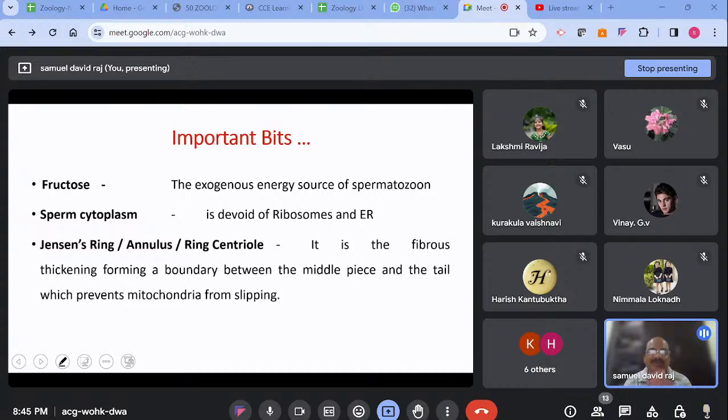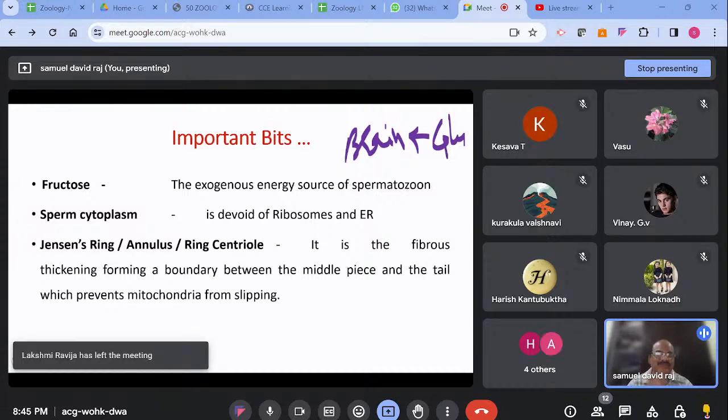Next, the last one, fructose. Spermatozoa require exogenous energy, a food supply, and our cells depend on glucose. Mainly the brain cells rely only on glucose. If you give anything other than glucose, they won't take it at all. So when you're going for the examination and studying day and night, your brain gets somewhat exhausted.